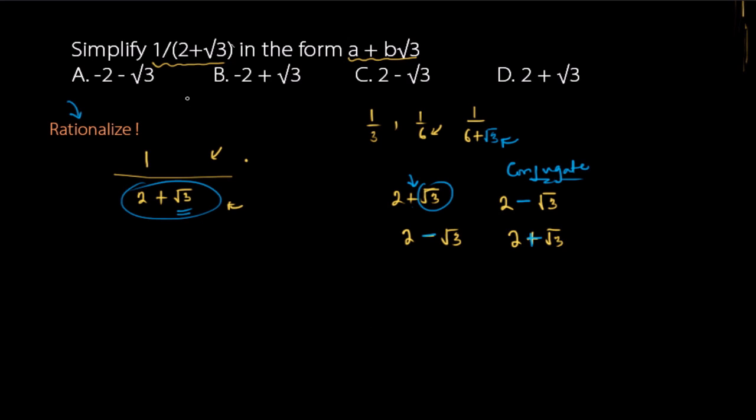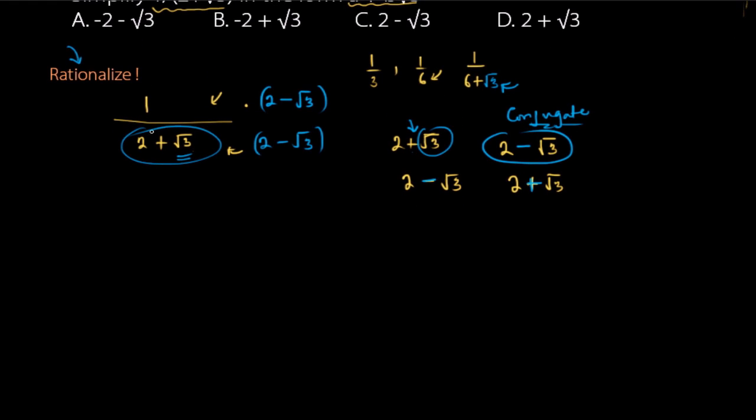To continue, I multiply both the numerator and the denominator by the conjugate of the denominator, which, like we have derived, is 2 minus root 3.